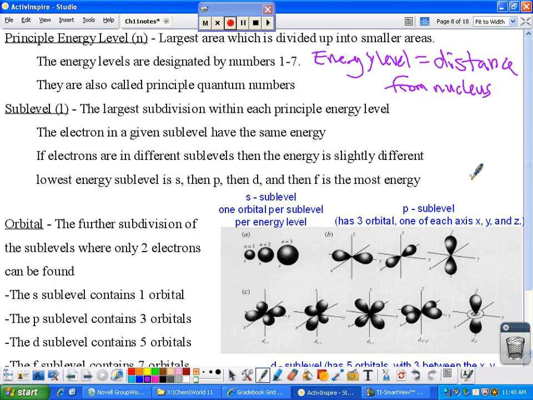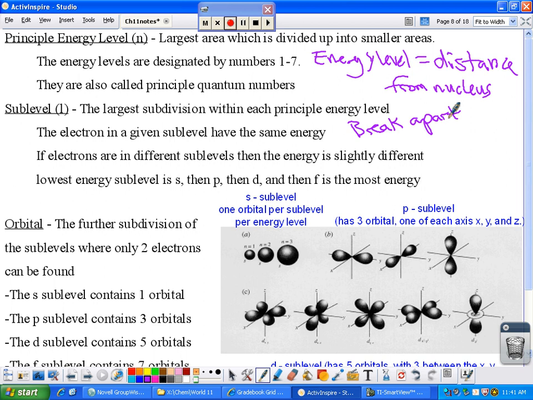And then the sublevels, this is where we start to break them apart. We're going to say there's different locations or different areas we might find the electron. But since it's on the same energy level, they have just about the same amount of energy. And then we're going to whittle that down even further into orbitals.